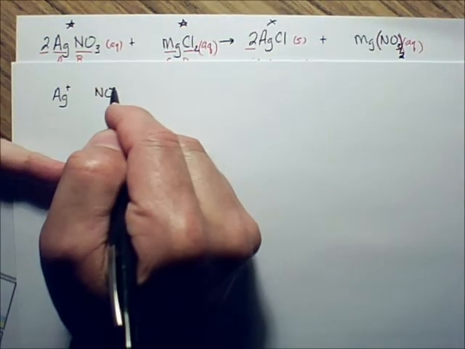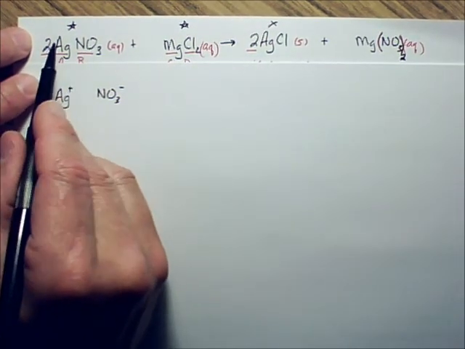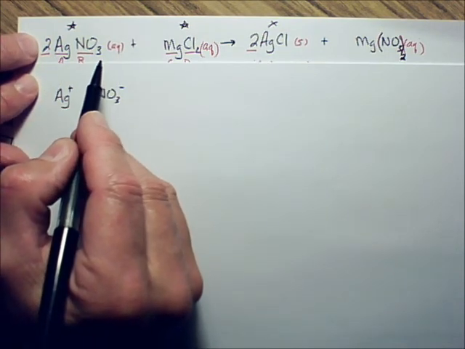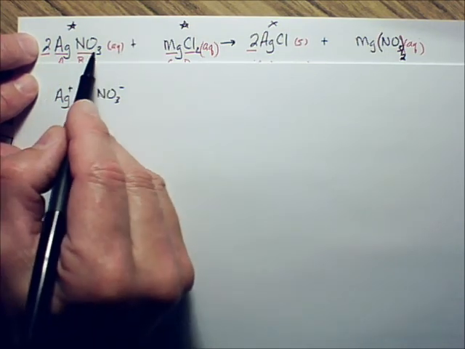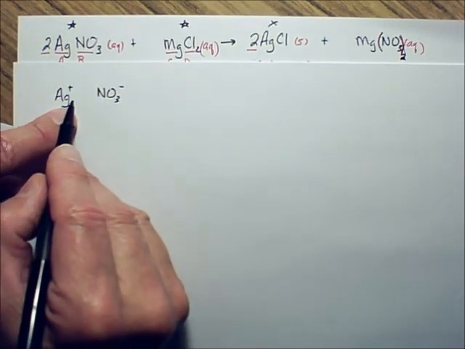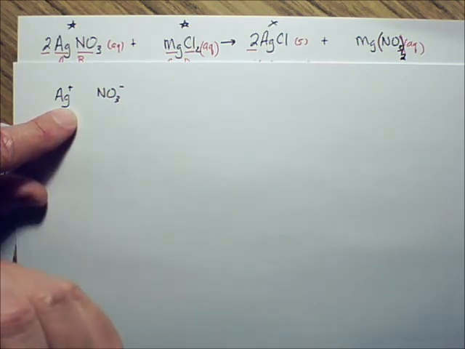It's a 1-. If the formula up here in the original equation shows this whole formula to be aqueous, Rob, what physical state do I assign to the resulting ions?